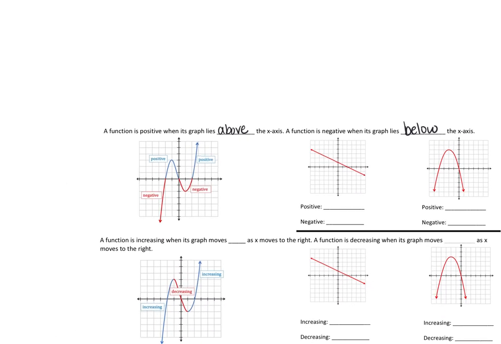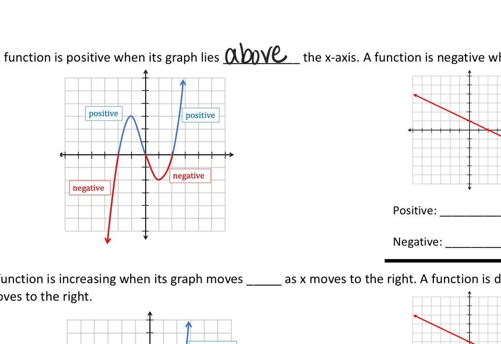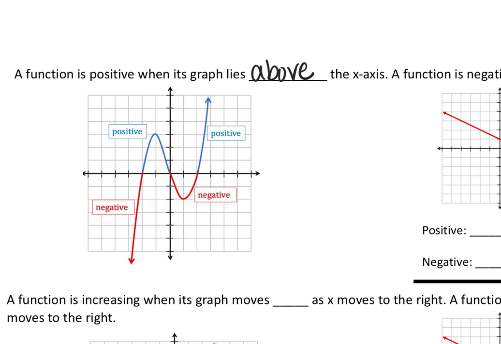So when we are being asked to describe where the graph is positive and where the graph is negative, all we're doing is looking for the parts of the graph that are above and below the x-axis. I always think about that x-axis as like sea level. If it's above sea level, then that's where it's positive. If it's below sea level, then that's where it is negative, okay?